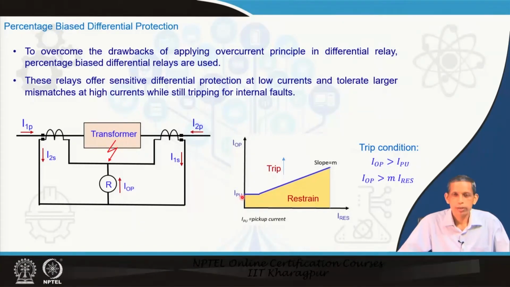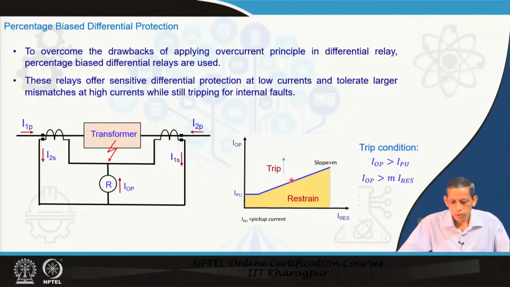Note here that we always have some spill current in this branch, like magnetizing current or any CT ratio mismatch. Therefore, we have a minimum pickup current setting, which we call the pickup current setting.